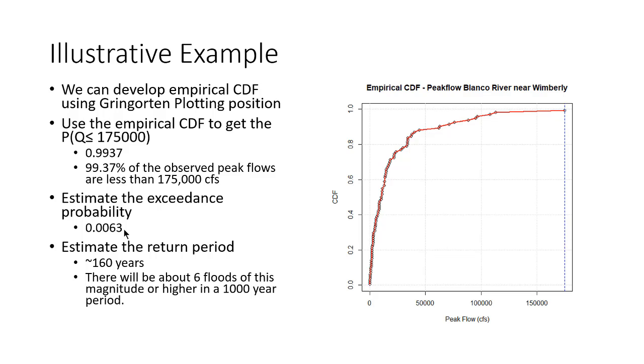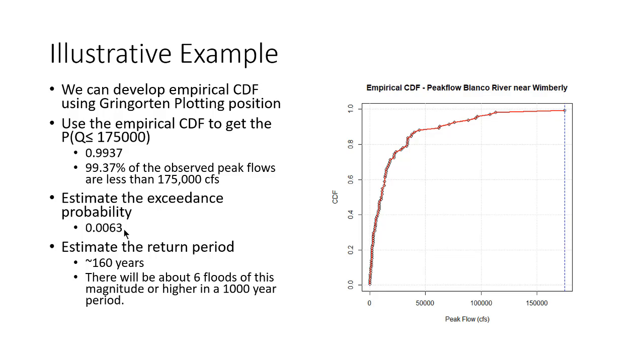We can also estimate the return period, and the return period is 1 over that exceedance probability, and that is approximately 160 years. So basically what that return period says is that there will be about 6 floods of this magnitude or higher in a 1,000-year period. So if you look at a 1,000-year framework, you would see about 6 floods of this nature over that time.